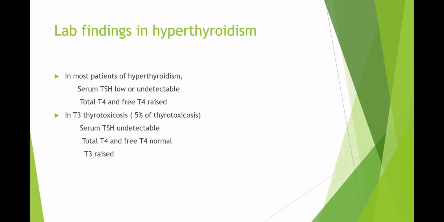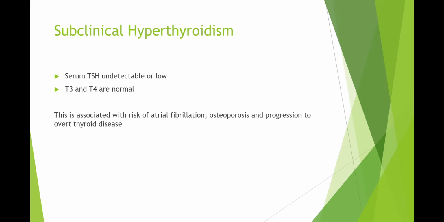In most cases of hyperthyroidism, the serum TSH is low or undetectable, while total T4 and free T4 are raised. In T3 thyrotoxicosis, which accounts for 5% of thyrotoxicosis cases, the serum TSH is undetectable. Total T4 and free T4 are normal, while T3 is raised.